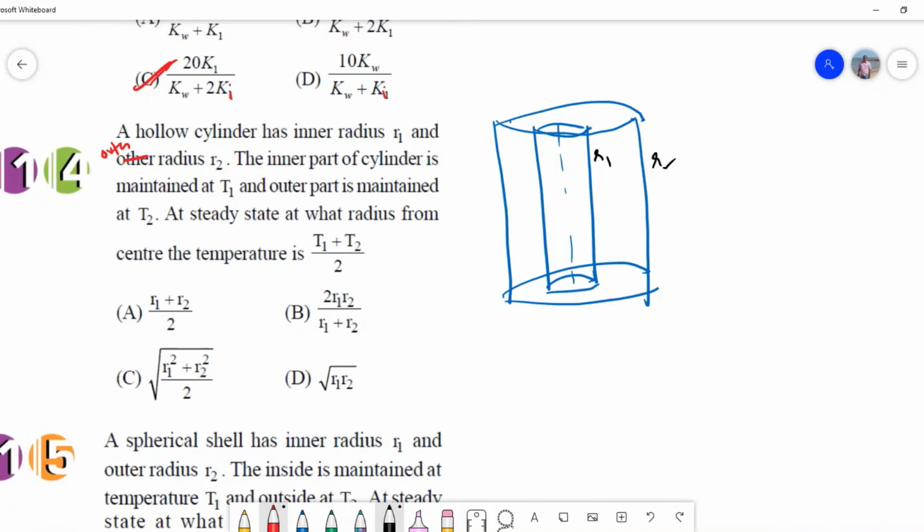And the temperatures are maintained at T1 and T2. Now it is asking at what distance, let's take R, the temperature is T, where T is nothing but (T1 plus T2) upon 2. So remember, the inner cylinder is maintained at high temperature, so the heat current will flow in this direction. This is the direction of heat flow.